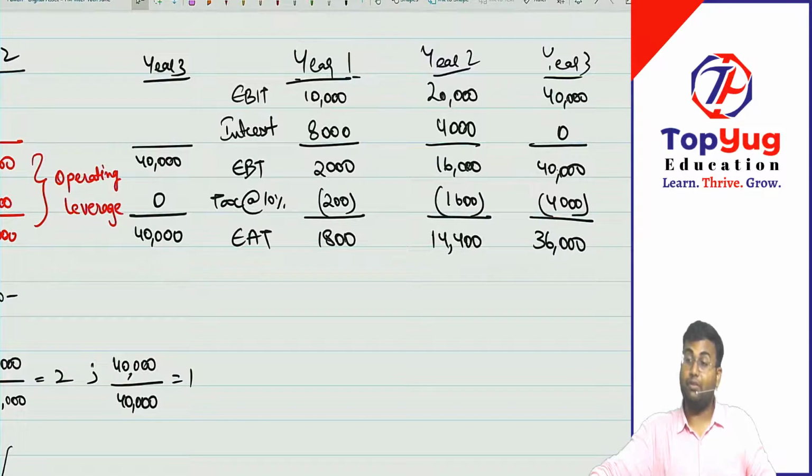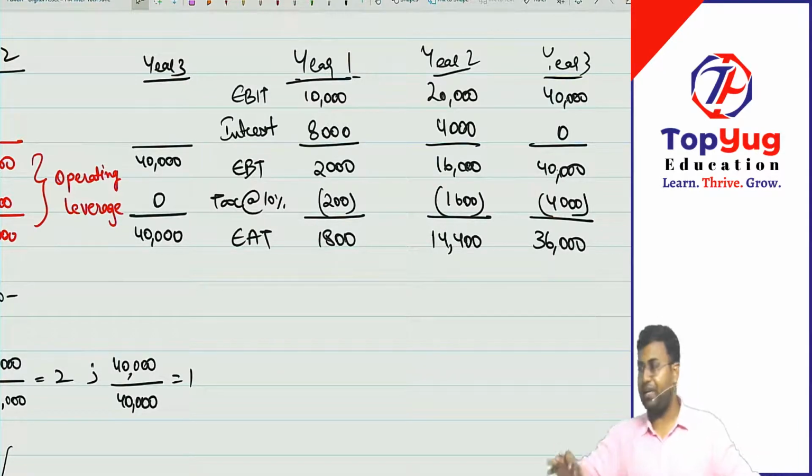What is the fundamental concept of leverage? Leverage measures the risk involved. Lower the risk, better. That means lower the leverage, better. That is what we learned in operating leverage.